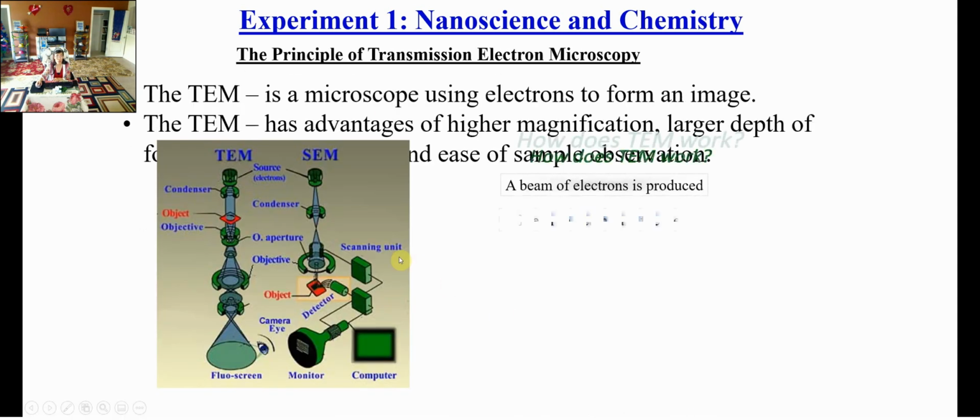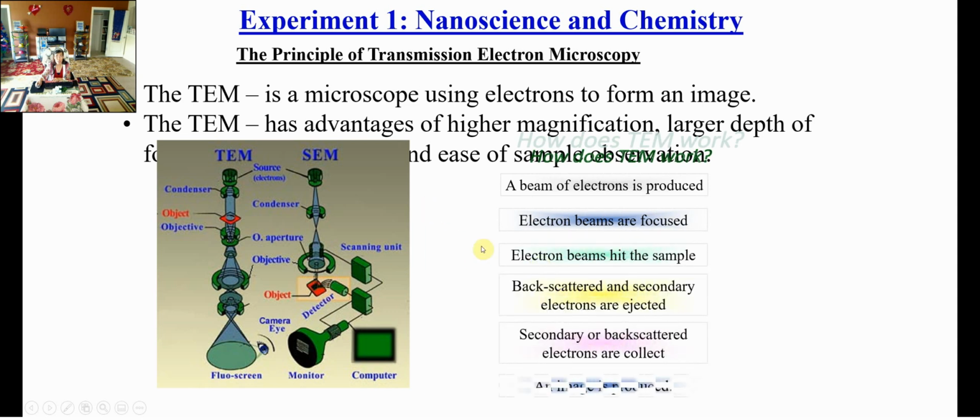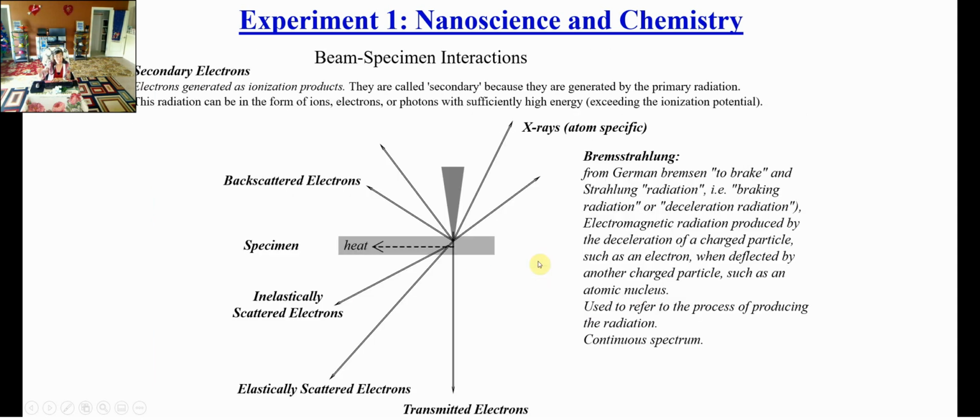The transmission electron microscope is essentially similar, but you collect the transmitted electrons. This slide considers all the interactions between the electrons and your sample. First of all, here is my electron beam, which interacts with your sample.